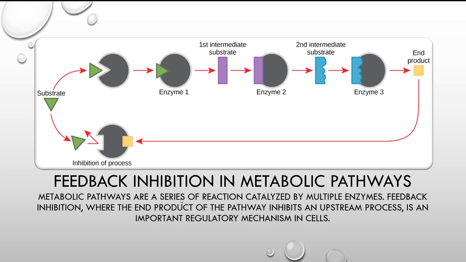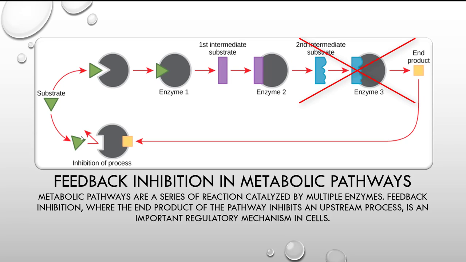All right. So metabolic pathways, again, are just series of reactions catalyzed by multiple enzymes. But when we have that feedback inhibition, the end product will inhibit the beginning, the upstream process, from happening. So it essentially shuts the whole thing down. That will prevent too much of that end product from building up.